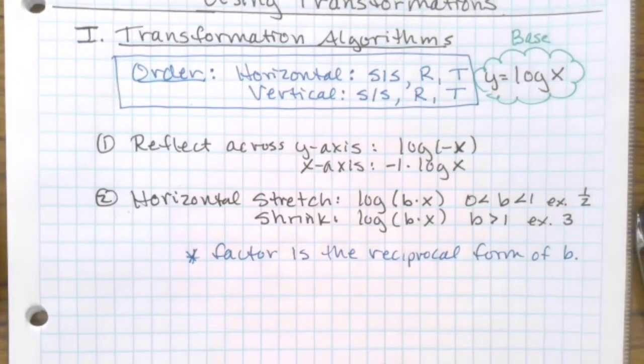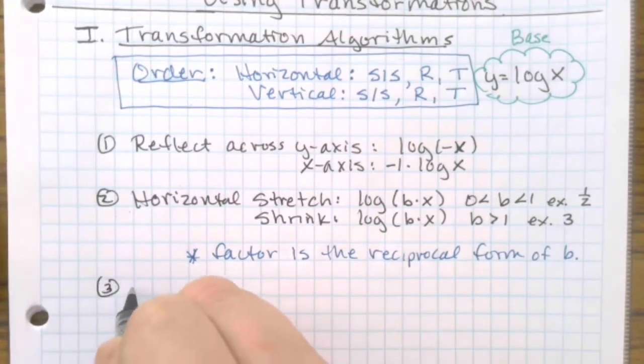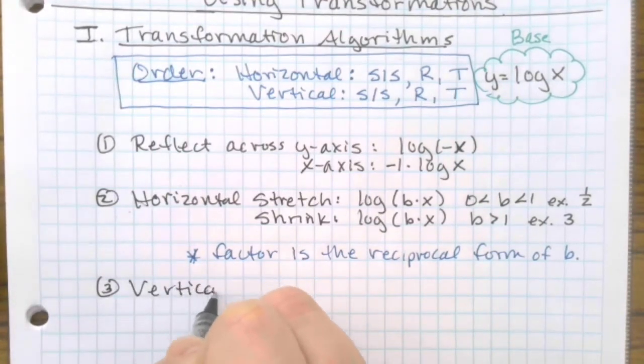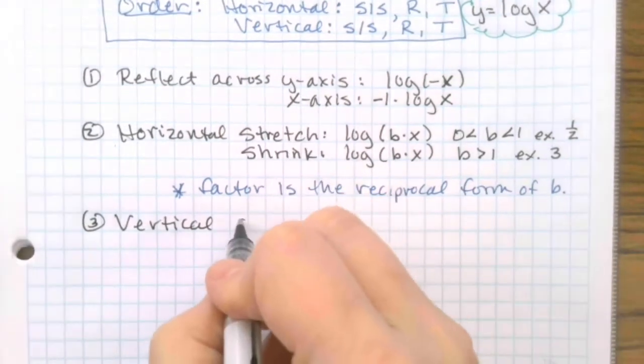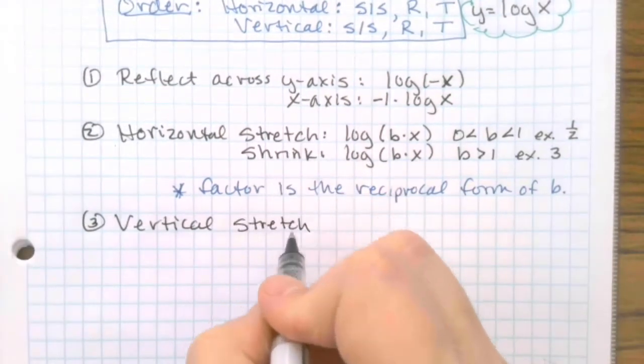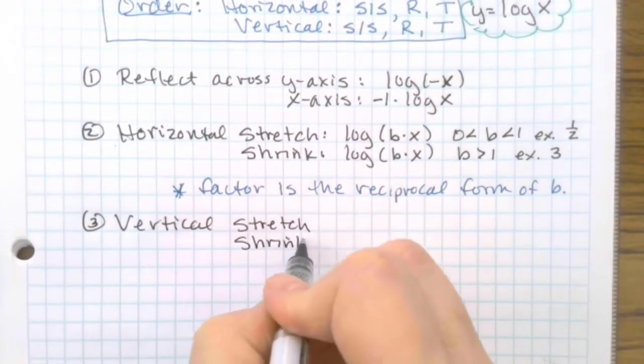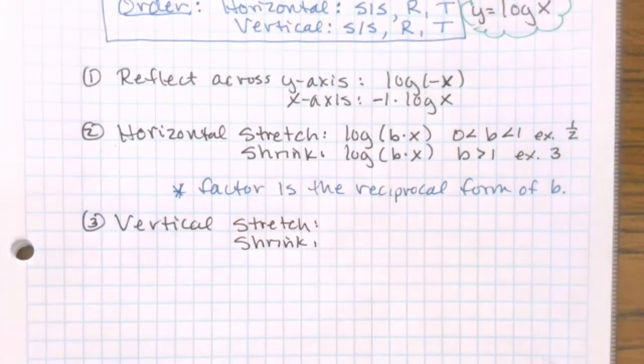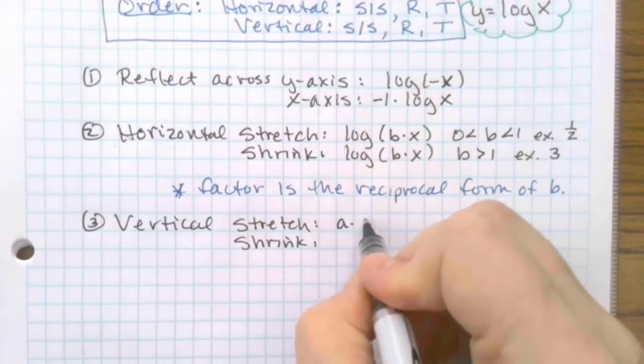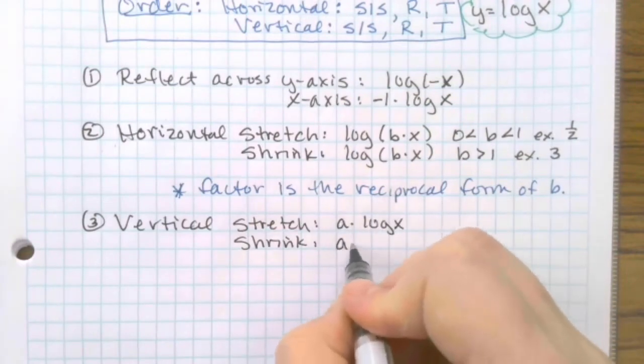And we'll go into a couple examples later. So horizontal, stretch and shrink. Then we go to vertical, stretch and shrink. And for vertical, it's positioned outside the log. So it's some number a times log of x in both cases.